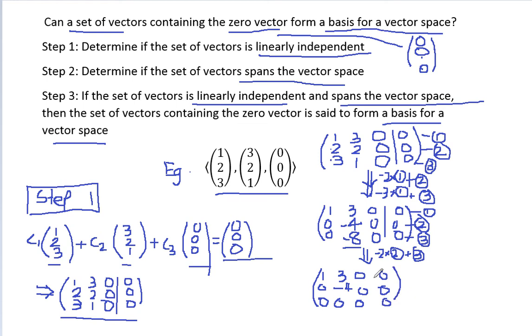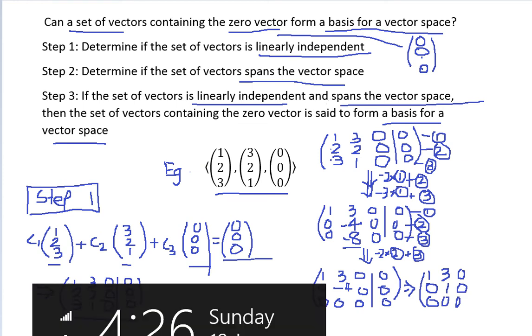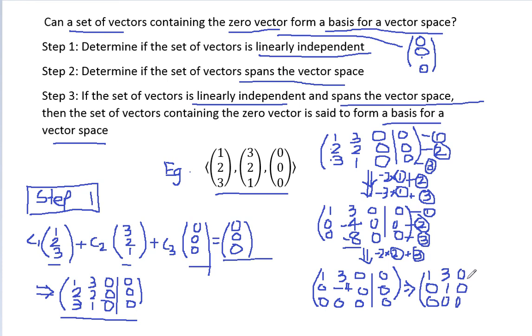Now we can make the leading entry into 1 for the second row. Therefore, you get 1, 3, 0, 0, 1, 0, 0, 0, 0, 3, 0, 0, 0.